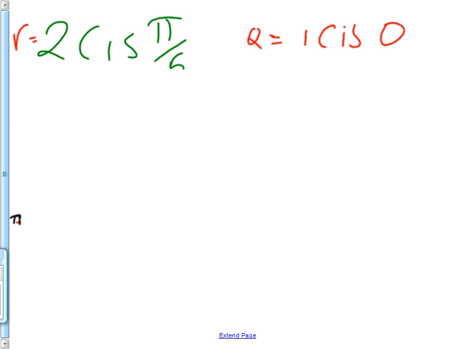Go ahead and try them right now. R times q and r divided by q. Give you a hint. It has a lot to do with the angles. If you're multiplying, it does kind of exactly what you'd think. It multiplies. But the angles have to change based on that whole multiply goes with add, divide goes with subtract.